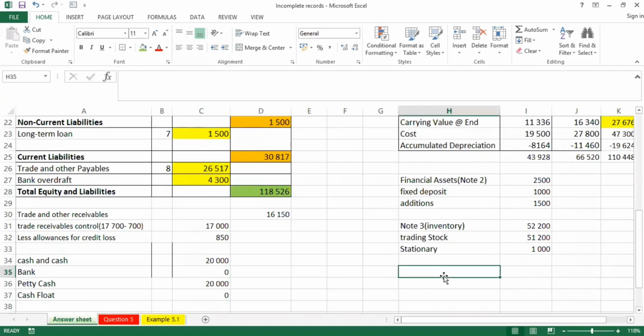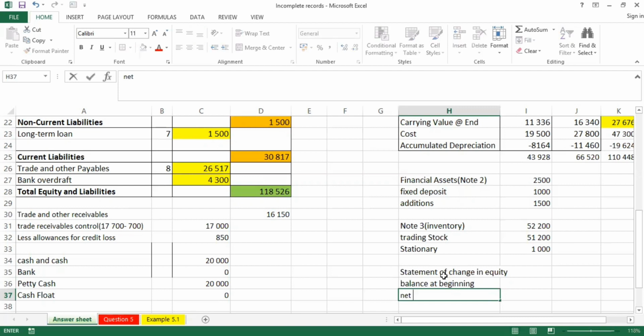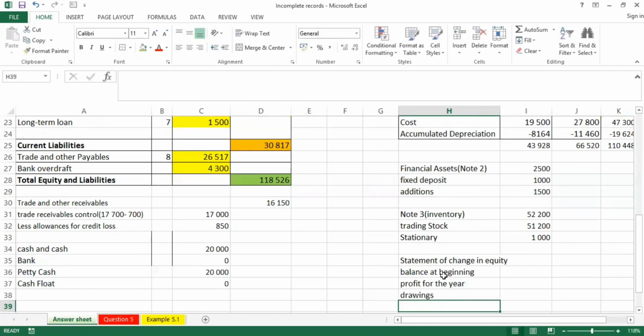In the statement of change in equity we have our balance at the beginning, our profit for the year, and drawings, and then our balance at the end.